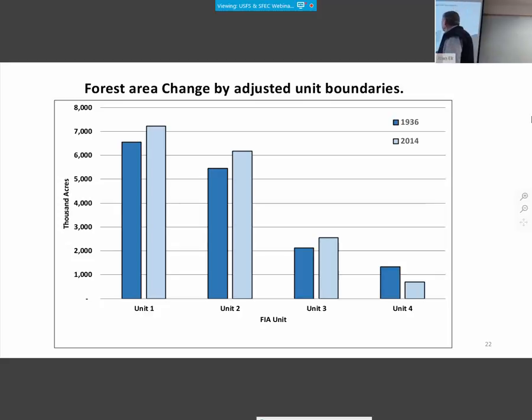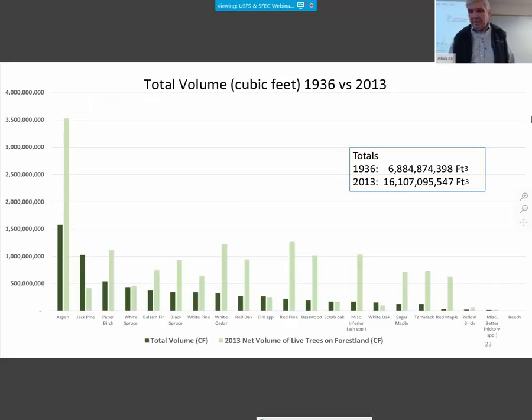But Unit 1 and Unit 2, Unit 3, not terribly different, and you have to factor into this, to some extent, the fact that definitions in 1936 and definitions today are not quite the same. I think that you have to try to deal with that and then end up just kind of wondering a few percent.